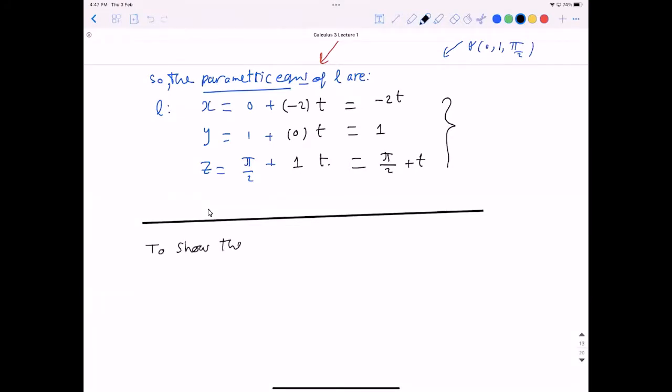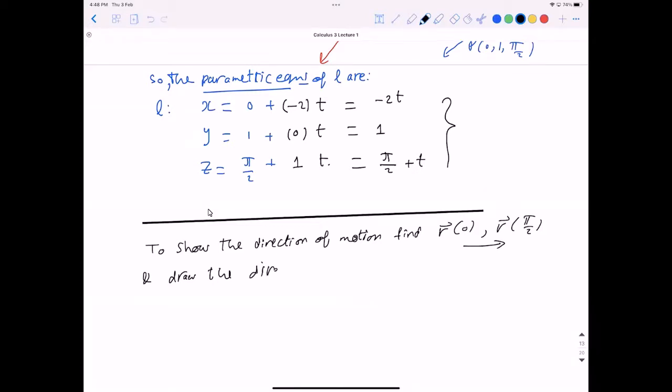To show the direction of motion, find r of 0, r of pi over 2, and draw the direction. The direction will be from 0 to pi over 2. This is the beginning, this is the coming point.